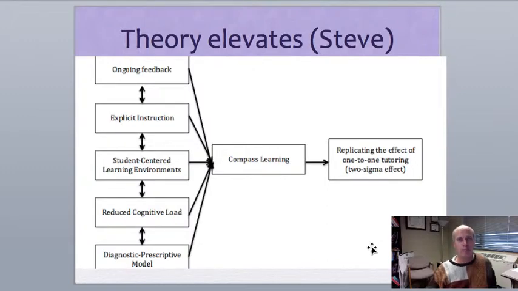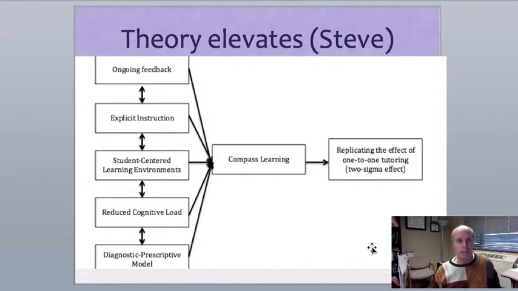But that alone would not be very interesting unless there was a theory behind it that made it make sense. And this is what the white paper from Compass Learning does, I think. It says these 5 things that Steve has mapped out here on the left are all theoretically related to student learning. And the argument is that they're built into Compass Learning, and therefore Compass Learning should increase student learning.